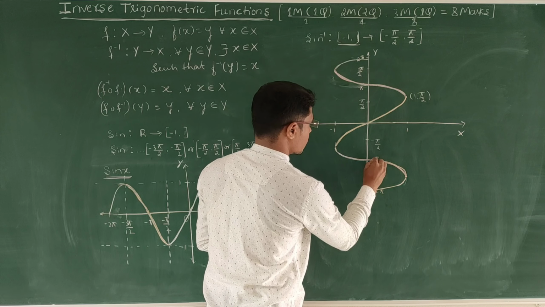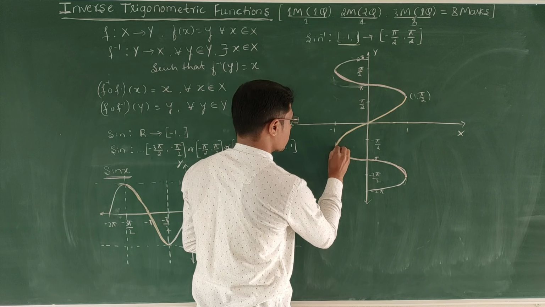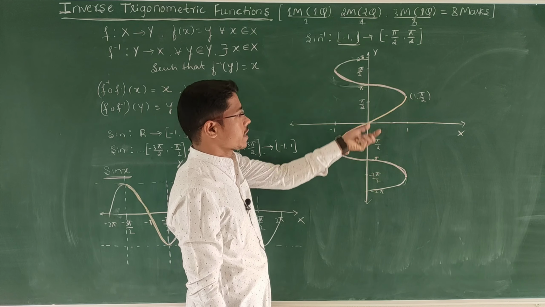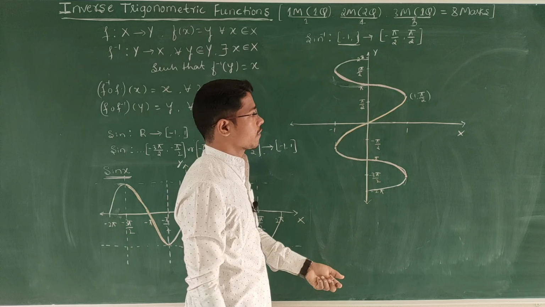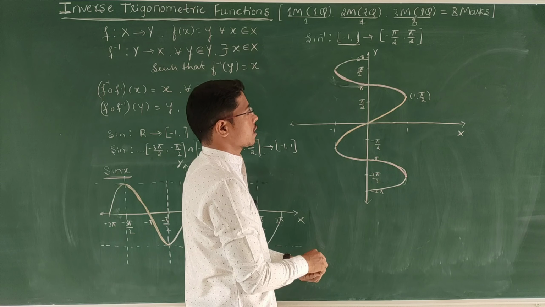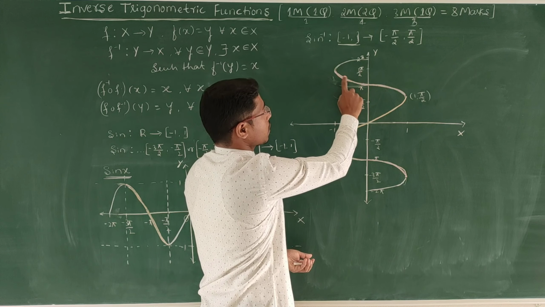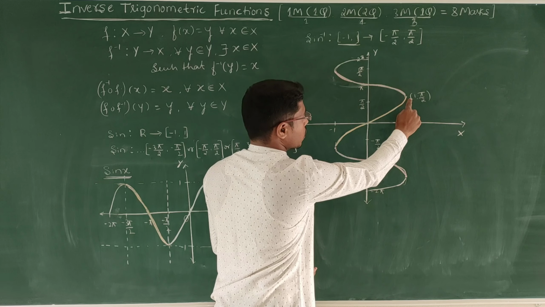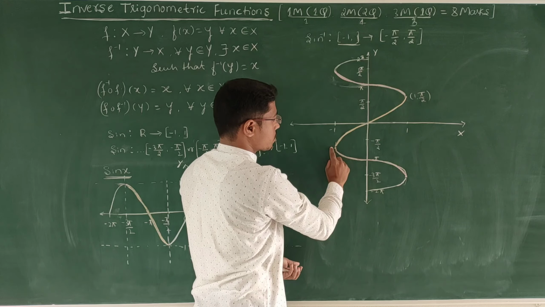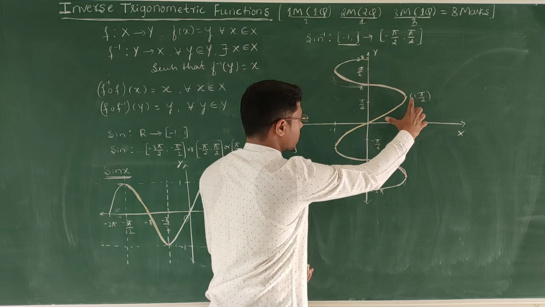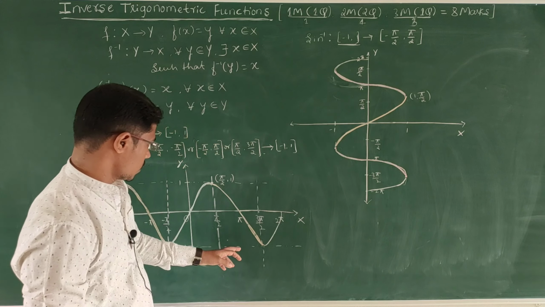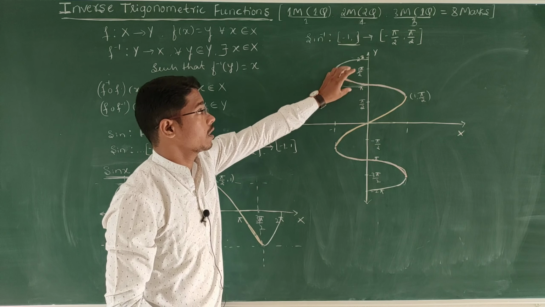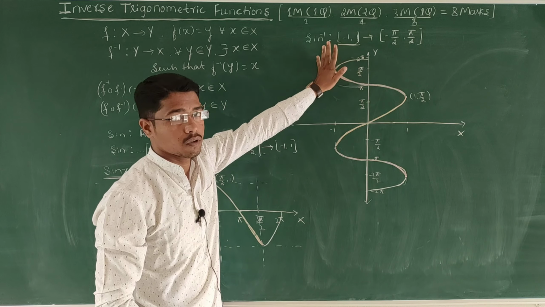So these are all the possible ones, and many more we will get if we extend the graph. Basically these are the possible ranges, that is 3 pi by 2 to pi by 2, pi by 2 to minus pi by 2, or else minus pi by 2 to pi by 2. So these are the possible graphs, the possible ranges of the inverse function.